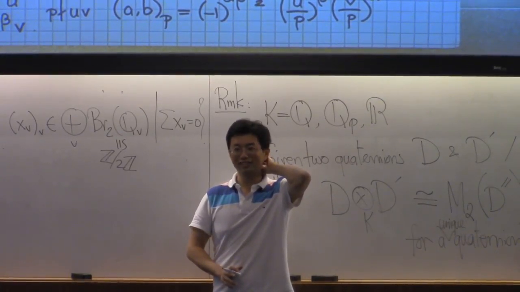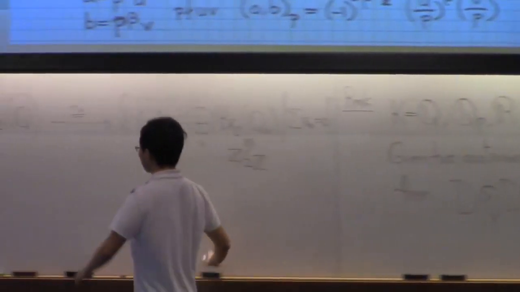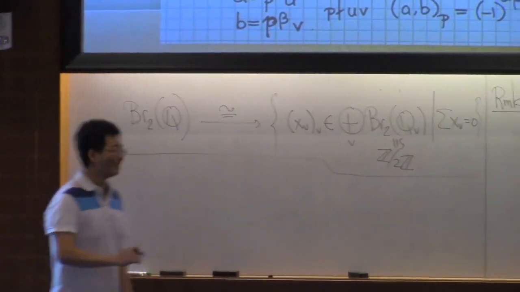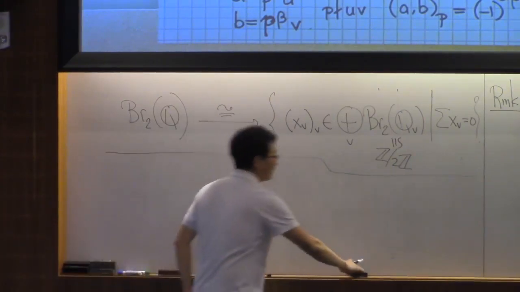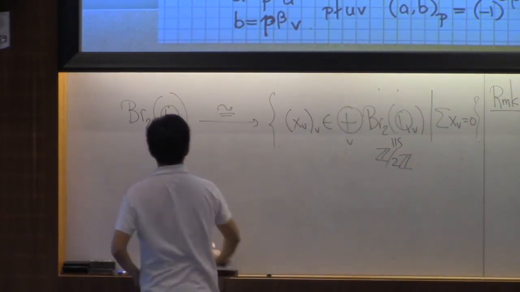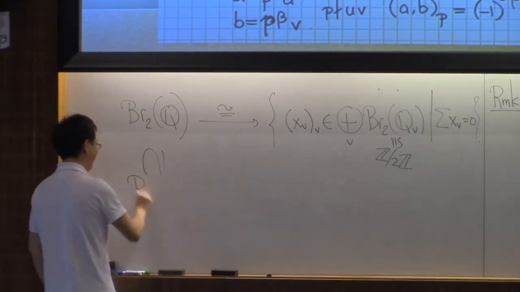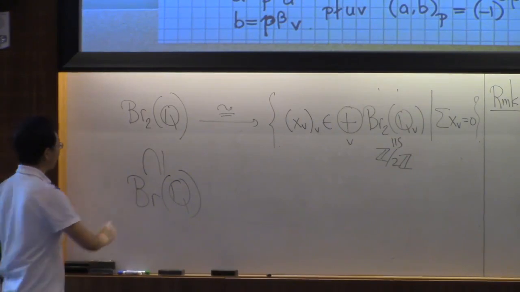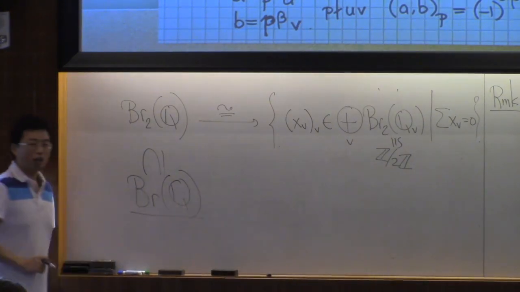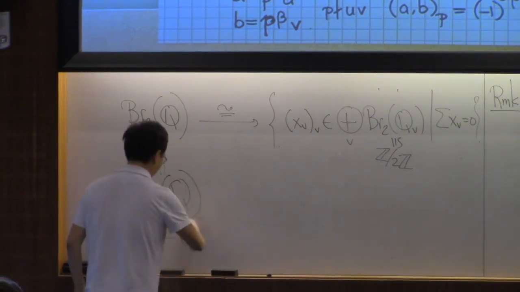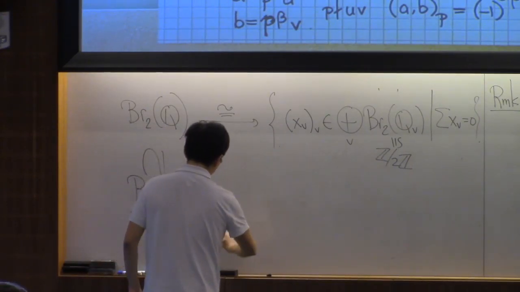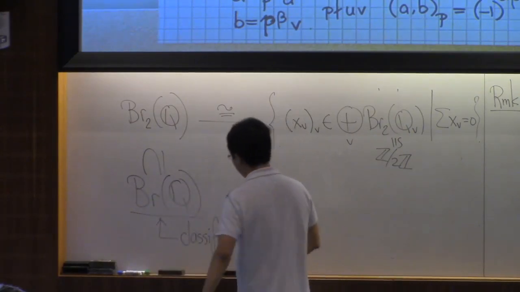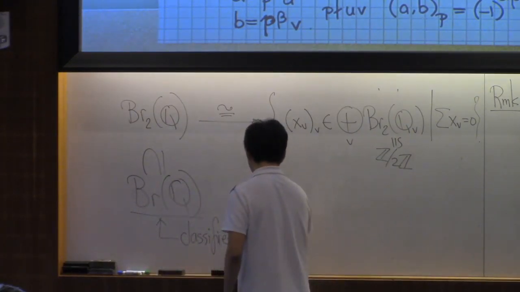Other questions? I just want to show you a little. In fact, this is somehow a more general theory. Instead of working with quaternions, this thing also classifies something called central simple algebras. Look it up. I put it in the notes, but I won't have time to talk about it.